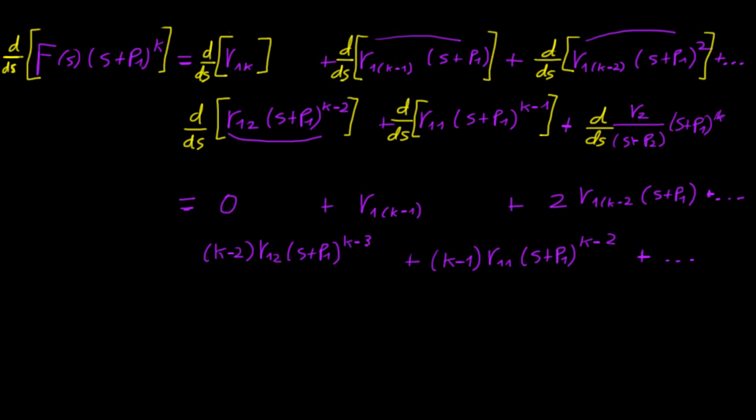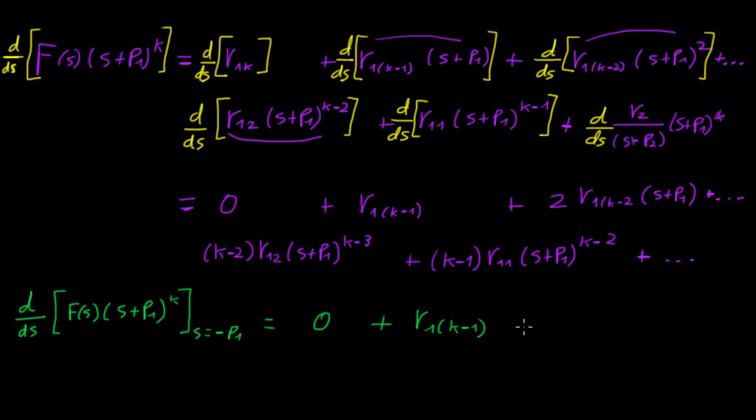We're going to assume that s is equal to minus p1, and what we get here is the derivative with respect to s of f of s times s plus p1 to the k at s equal to minus p1 is equal to 0 plus r1 k minus 1 plus 2 r1 k minus 2 times 0.